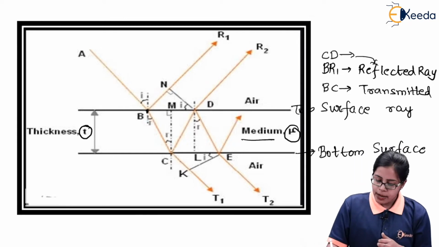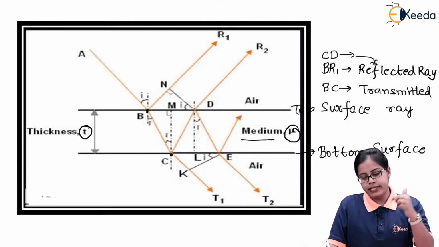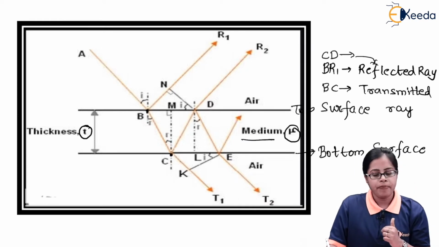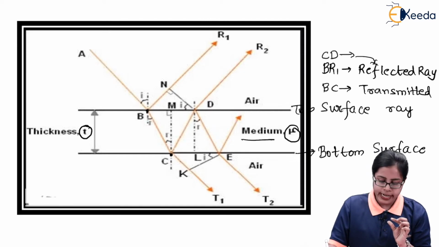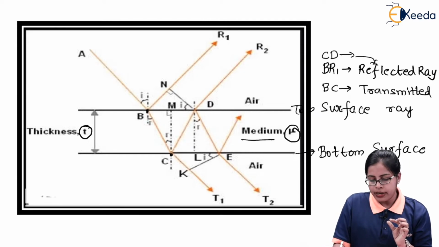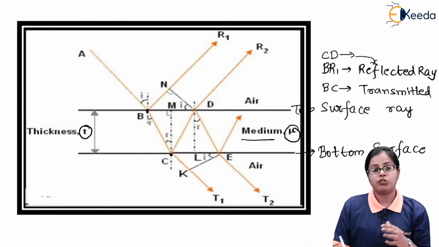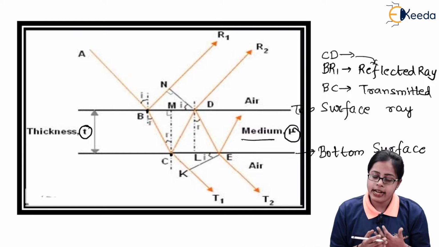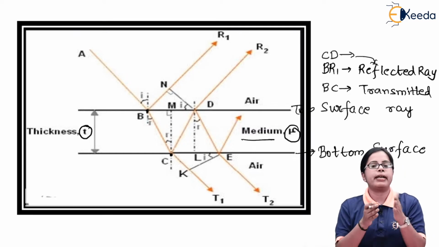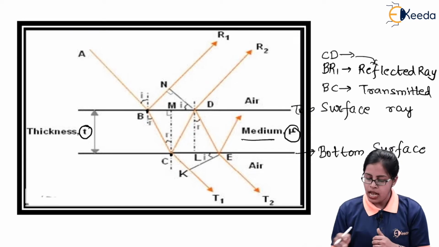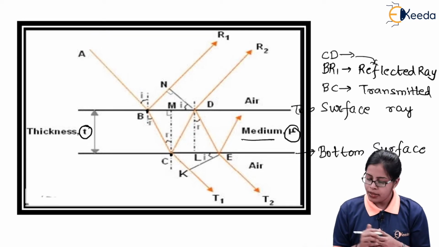Once again at point C, the transmitted ray BC undergoes a small part of reflection along CD, and the major part is transmitted along CT1. So CT1 is the transmitted ray coming out of the bottom surface of the thin film.